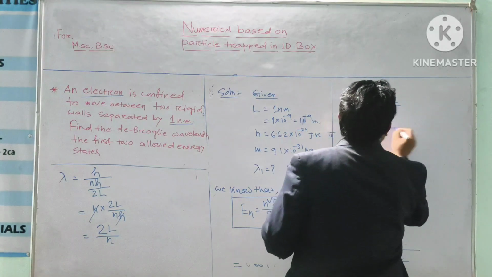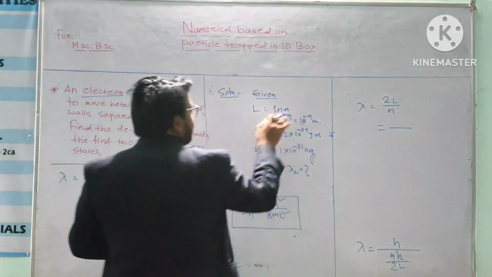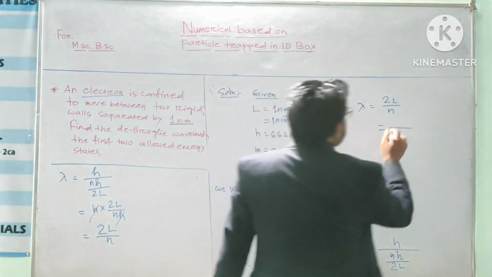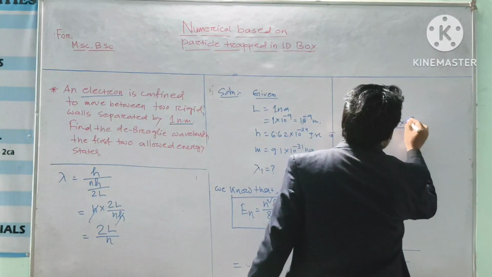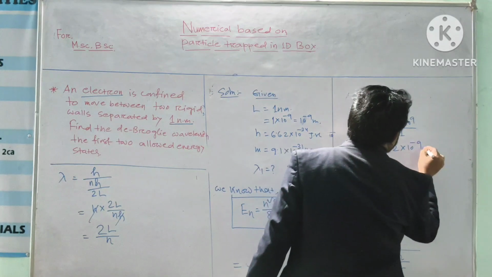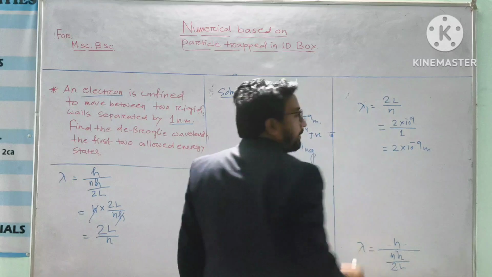The value of L equals 1 nanometer, and 1 nanometer is equal to 10 to the minus 9 meter. So we can write 2 into 10 to the power minus 9, and the value of n equals 1. Finally we can write 2 into 10 to the power minus 9 meter. This is the value of lambda 1.